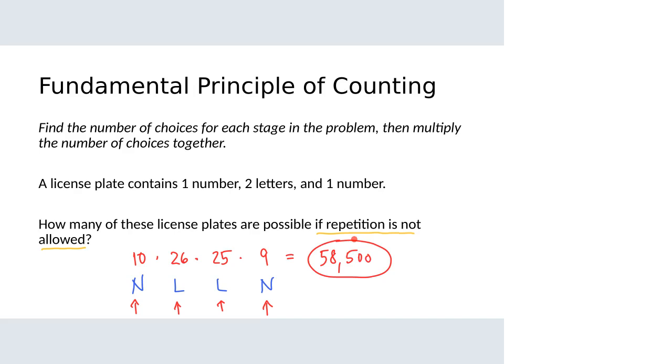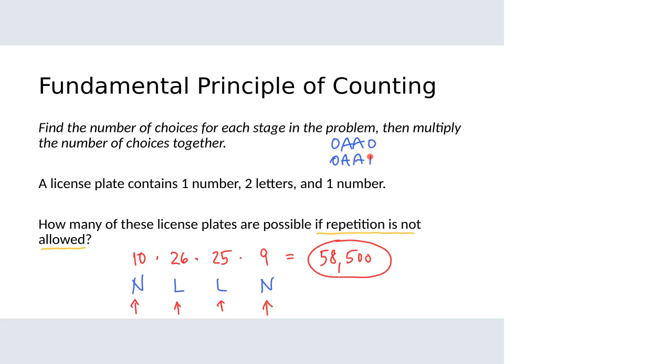It makes sense that it would be a smaller number. When repetition was allowed in the last problem, I would have had A00A and then A00B, and I could keep listing them out. Oh, wait, I did it backwards, didn't I? When repetition was allowed, I could have 0AA0 and then 0AA1, and I could keep going.